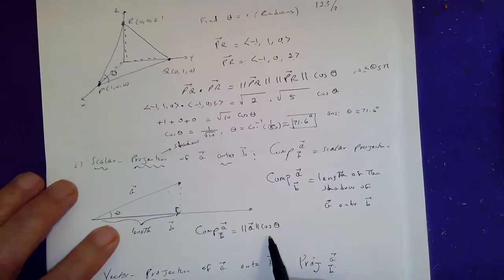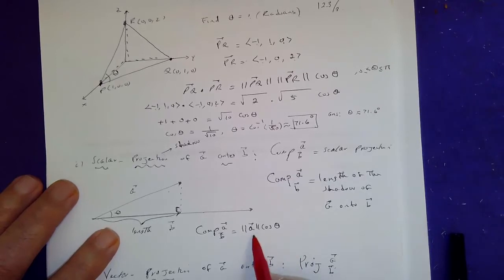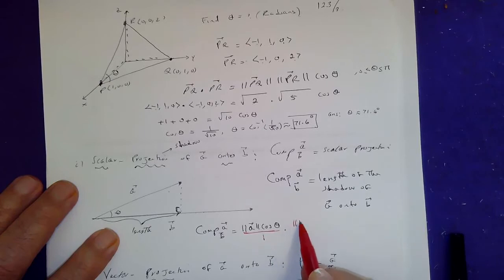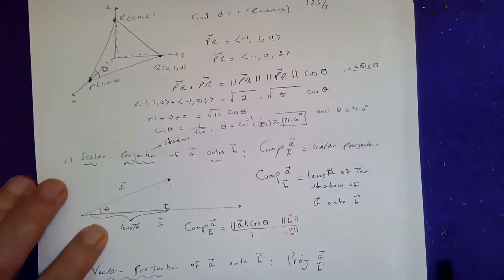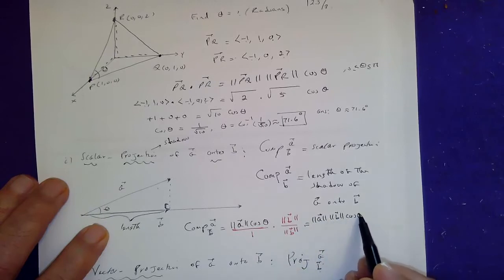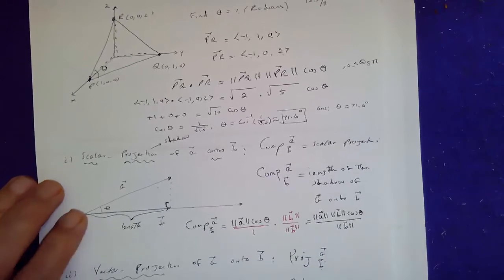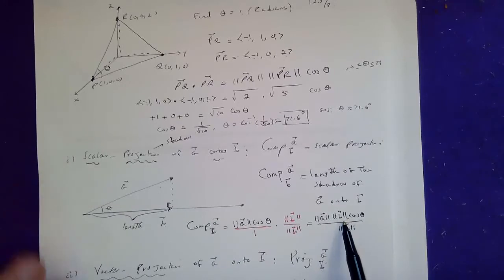But now the idea is, suppose I don't know theta, how would I then convert this to a dot product? If you give a denominator of 1 to this, and then multiply top and bottom by the magnitude of B, that doesn't change anything. But if you multiply the tops, you get magnitude of A times magnitude of B times the cosine of the angle theta, over magnitude of B. But guess what? The top is precisely equal to A dot B.